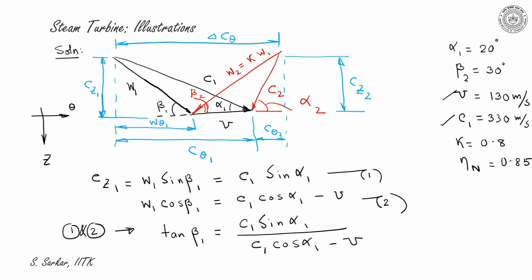I know the value of U, that is 130 meters per second. I know the value of alpha 1, 20 degrees. So put all the values here, and you will get beta 1 equal to, please recheck the calculation, I have got beta 1 equal to 32.075 degrees.